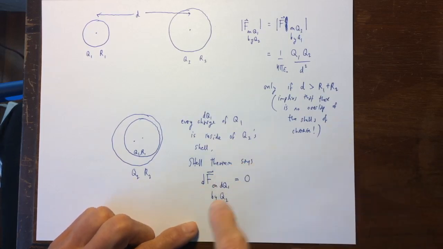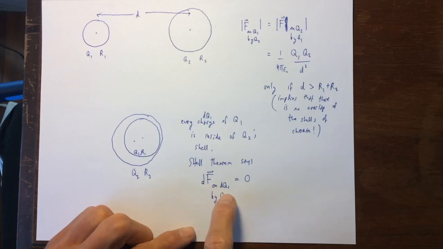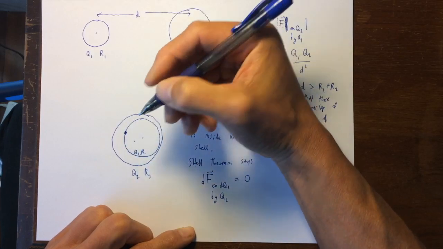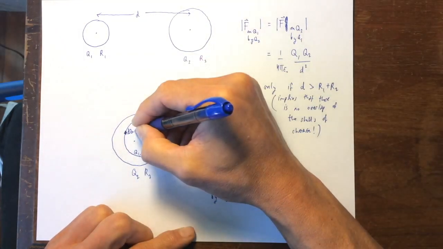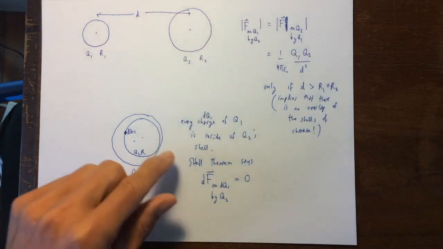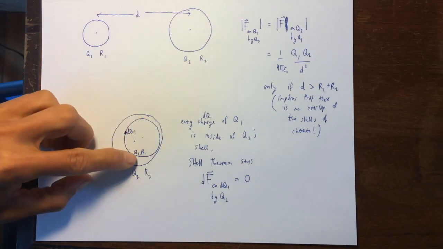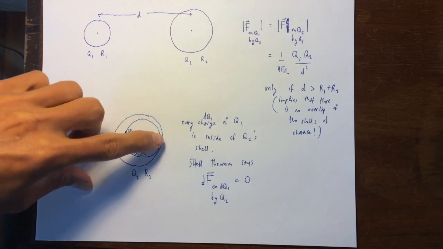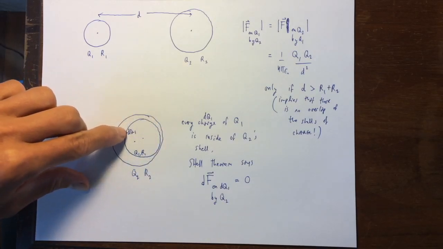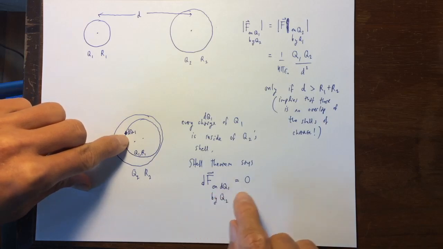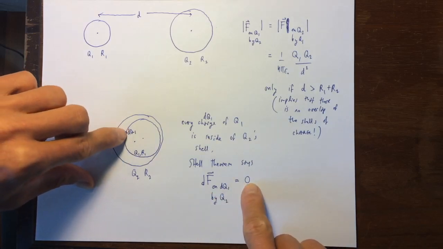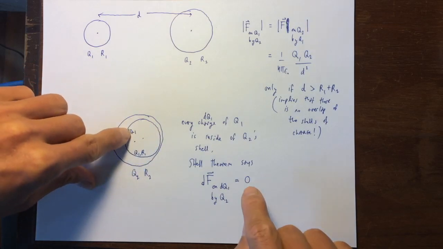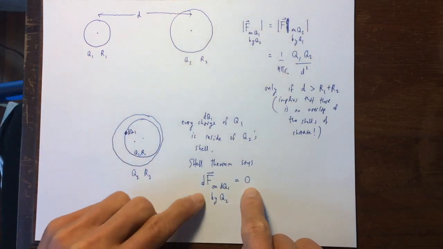This is the net, that's the small force on the small charge element, for example. This could be the charge element we're talking about, so this could be dq1. The Shell theorem says that all of the pieces of charge that are inside of a uniformly charged spherical shell, all of the ones that are inside feel a force 0, which means that if all of the elements of charge are on the inside, then the net force is going to be 0, right?